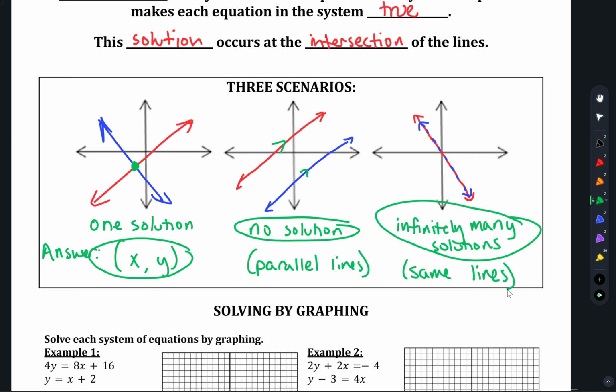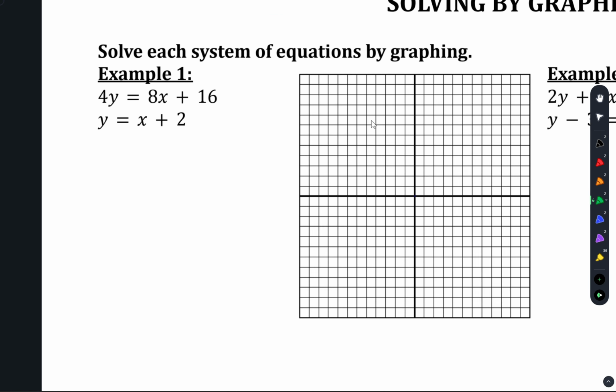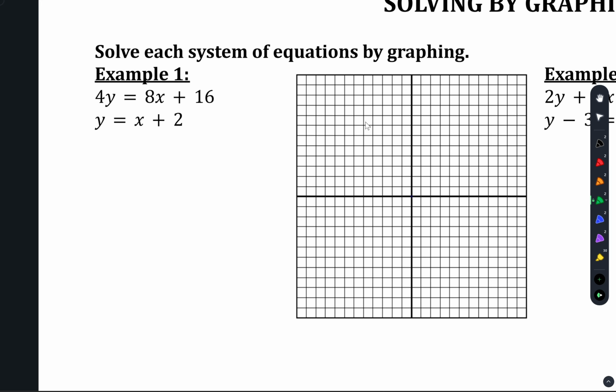Okay, so let's show you how to solve by graphing, which you essentially already did on the boards. Taking a look at number one, remember that the form that we graph in is slope-intercept form. Slope-intercept form looks like y equals mx plus b, where m is the slope, b is the y-intercept. That's how we graph lines. So I'm going to take a look at these equations.